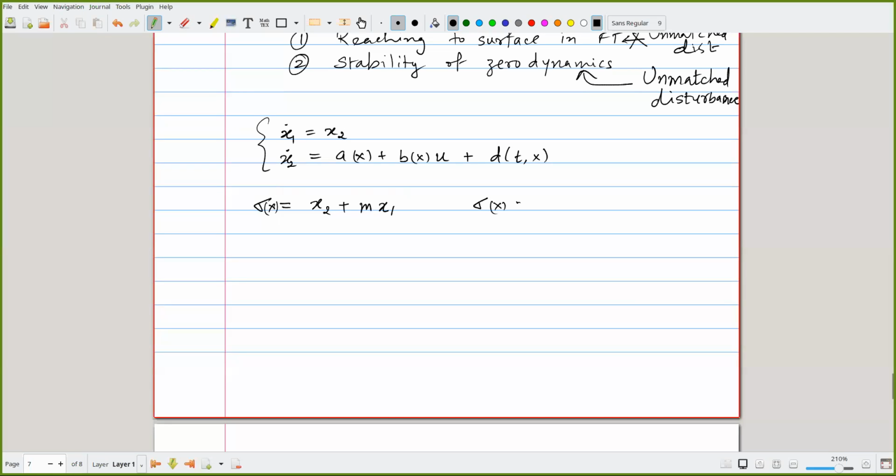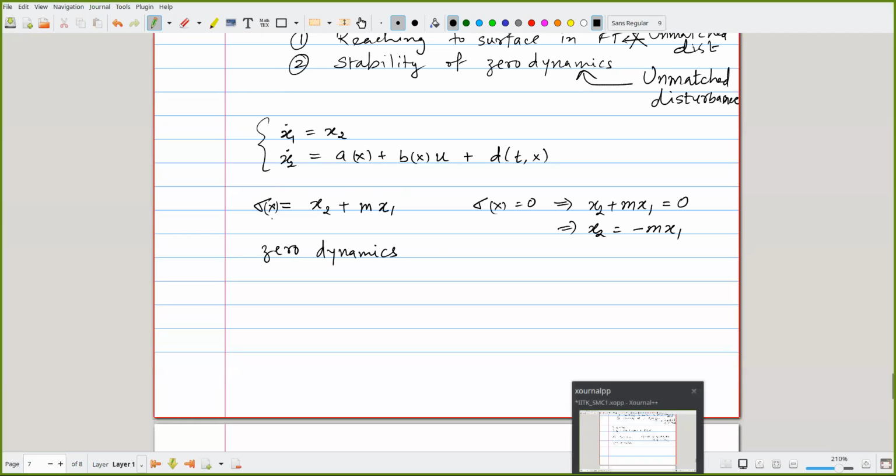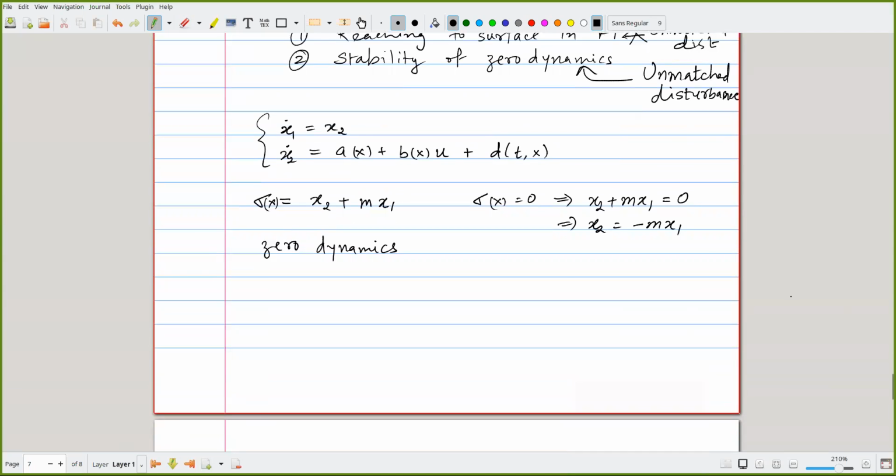When sigma of x is equal to 0, this implies this algebraic relation is active, and this implies x2 is equal to minus m x1. And the zero dynamics for this given sigma are x1 dot is equal to minus m x1. These are the zero dynamics, right?